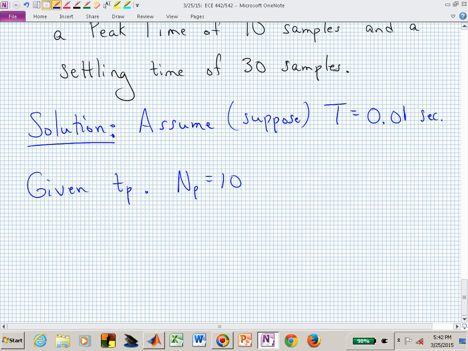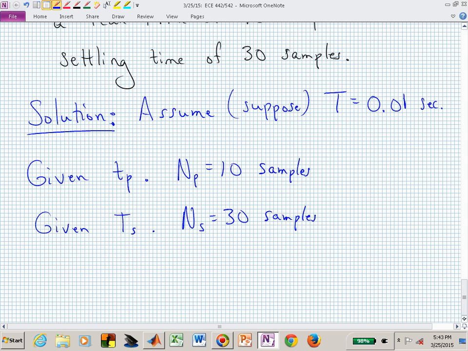And we were also told that for the settling time, we were given N sub S is equal to 30. And now that we've given a specific value for the sampling period, we could compute a numerical value for the settling time.